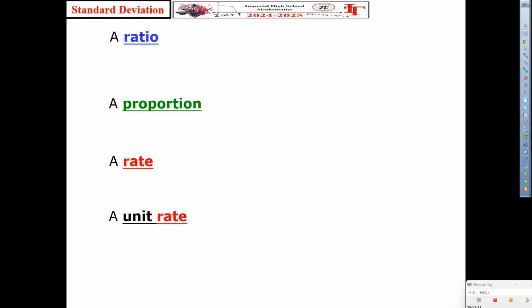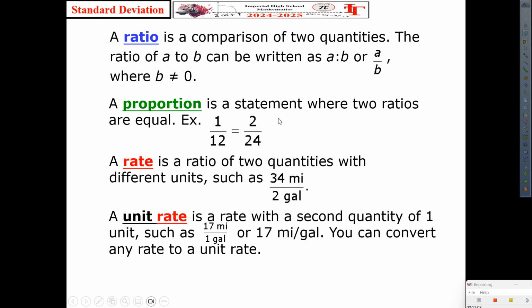All right. If I was to call on someone and ask for a definition or an example in your own words, I would expect something like this. A ratio is a comparison of two quantities, or you should have given me an example using a fraction.